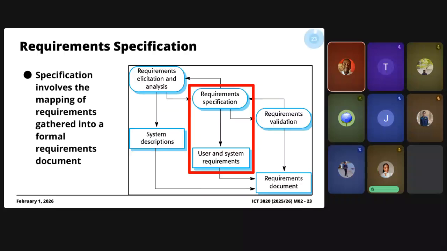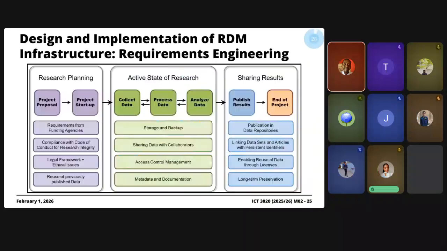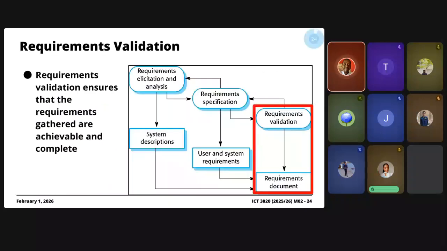Now, I guess now would be a good time for me to go back to the example that I started with, the JCTR example, where we're building this research data management infrastructure, if you remember. There are all these different phases that were mapped onto this piece of software we're developing.